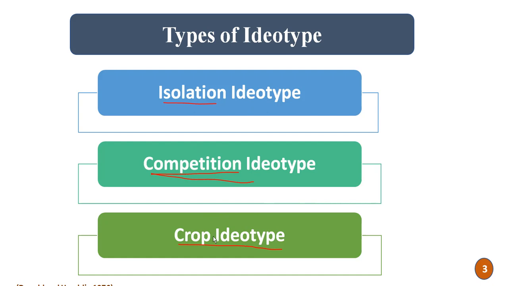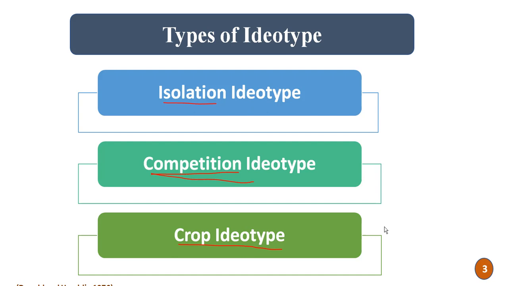Third one is crop ideotype. As its name indicates, it performs best at commercial crop densities because this crop ideotype is a poor competitor and it performs well when it is surrounded by plants of the same form, that is the same plant, but it performs less well when it is surrounded by plants of other forms, that is a competition ideotype or isolation ideotype.